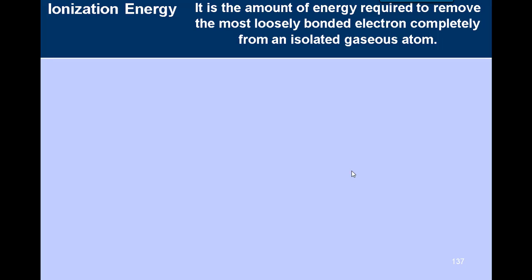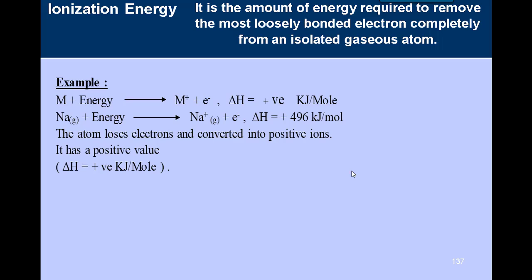So we can define the ionization energy as the amount of energy required to remove the most loosely bound electron completely from an isolated gaseous atom. For example, if we have an atom M, by gaining an amount of energy called ionization energy, it will lose an electron and change into a positive ion.